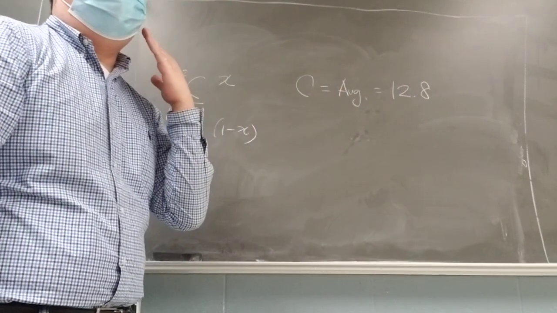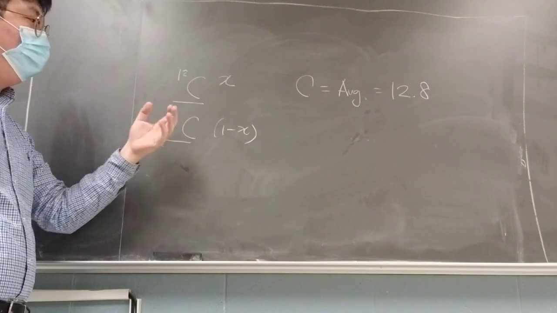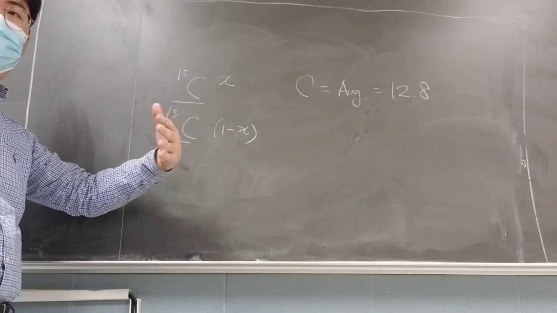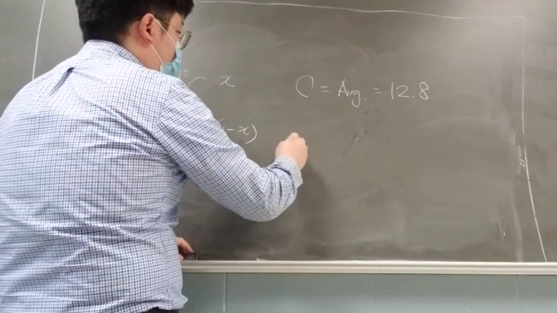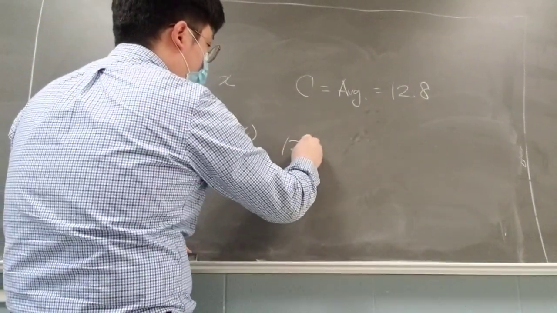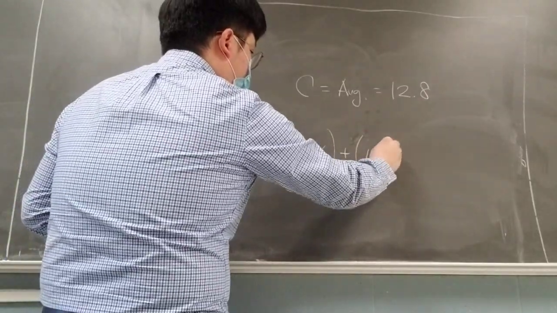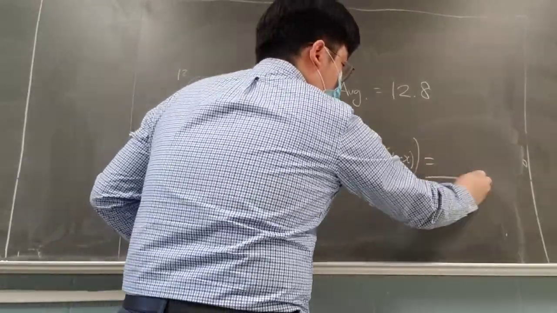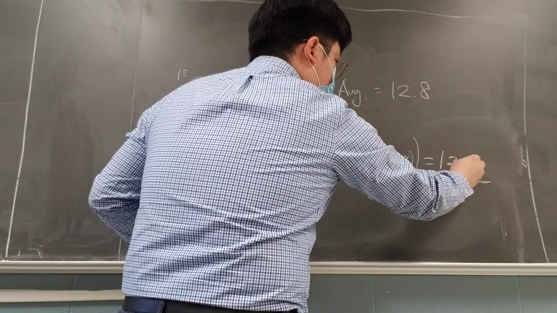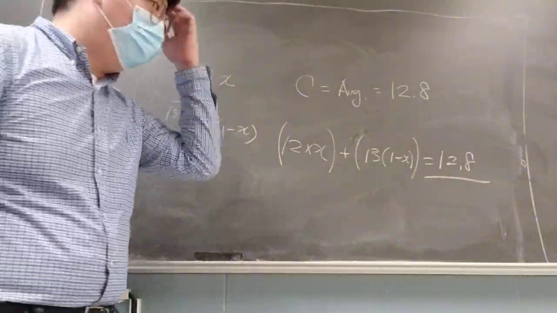So even though you didn't do the calculation yet, you know that means there are more carbon-13 atoms in nature. That's what it means. So in that case, you just need to do 12 times X plus 13 times (1 minus X). It's pretty much the same, but you only change the number, another fake number, which is close to 13 this time.